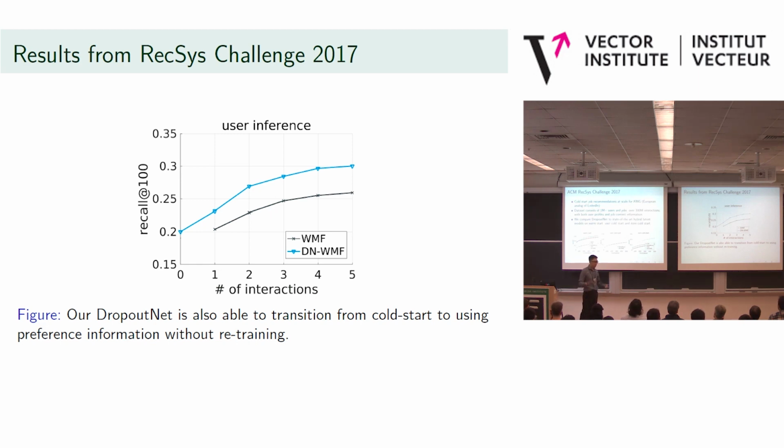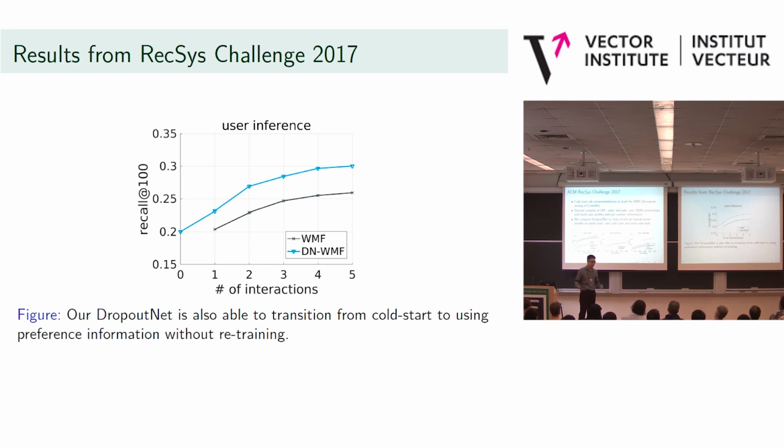Compared to a standard warm start model, our model without retraining is able to perform substantially better as this interaction information becomes available. Note that with a traditional CF model, you need to retrain the model every time to incorporate new interaction information, whereas our model is able to do so without retraining.